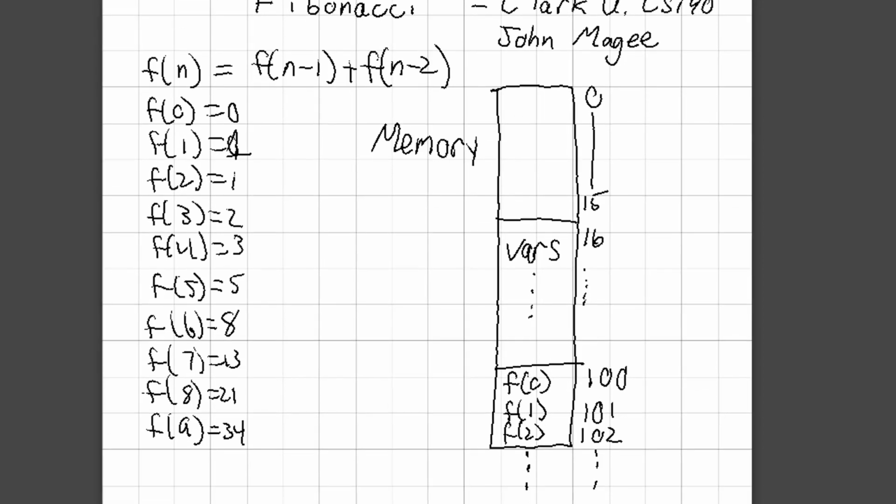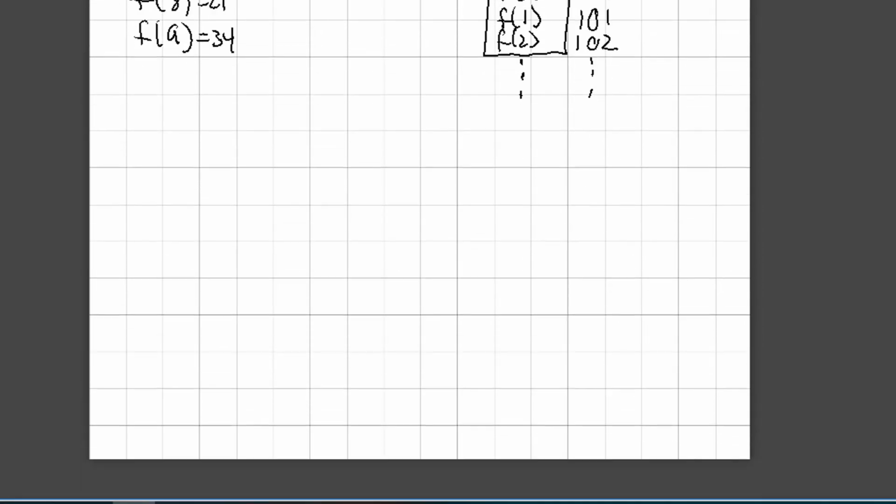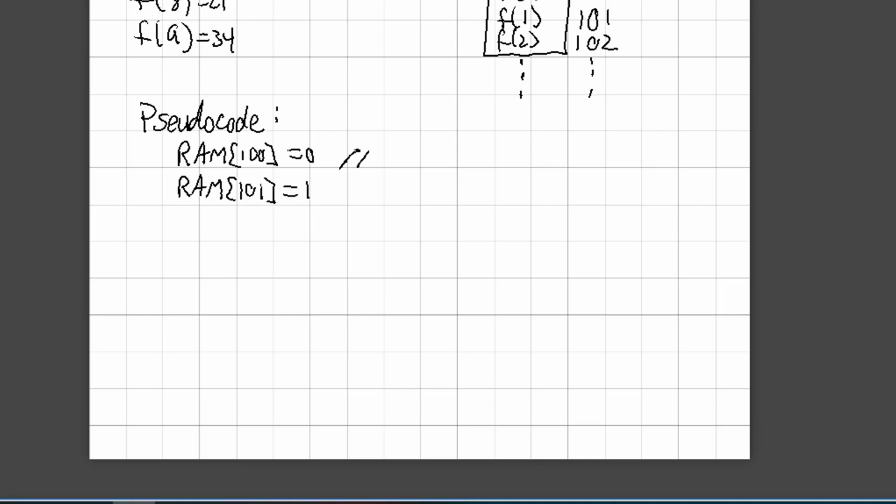So let's start with some high-level code. What we want to do is first set up that we'll store in RAM 100 and RAM 101 those first initial numbers. RAM 100 should equal 0. RAM 101 should equal 1, and so this is equivalent to Fib0 and Fibonacci 1.